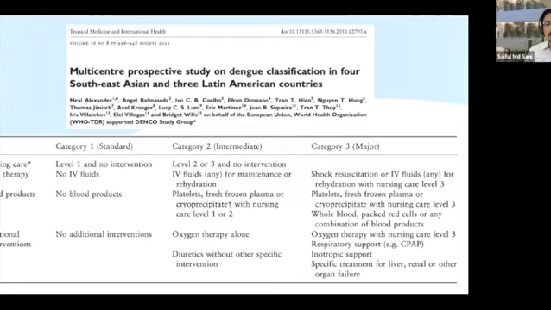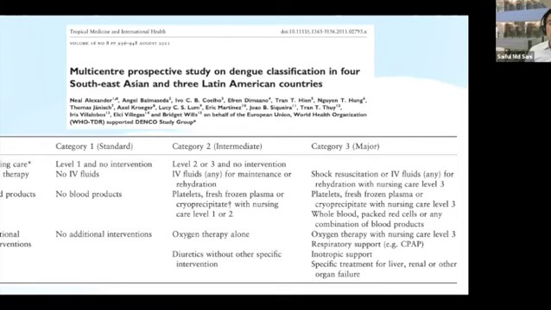I would like to highlight that there existed in the past, before 2009, WHO 1997, the previous criteria to classify dengue. And if you read up on dengue literature, you will find that even up to 2021, researchers are still performing studies utilizing the WHO 1997 criteria.